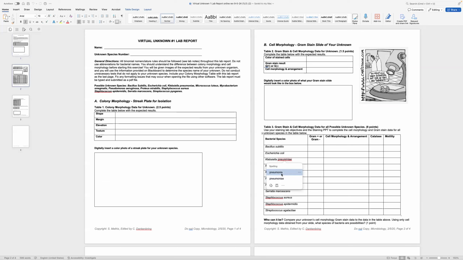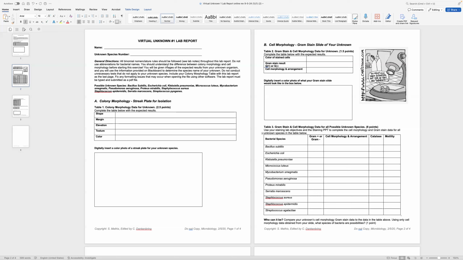Sometimes they're not spelled right, but I'm fixing that right now. You'll notice that all of these are in italics, and that the first letter of the genus is capitalized, but nothing else is capitalized. That's what I expect you to do too.